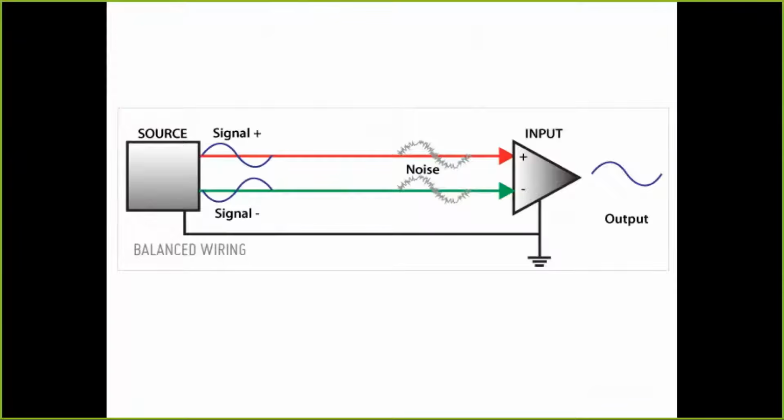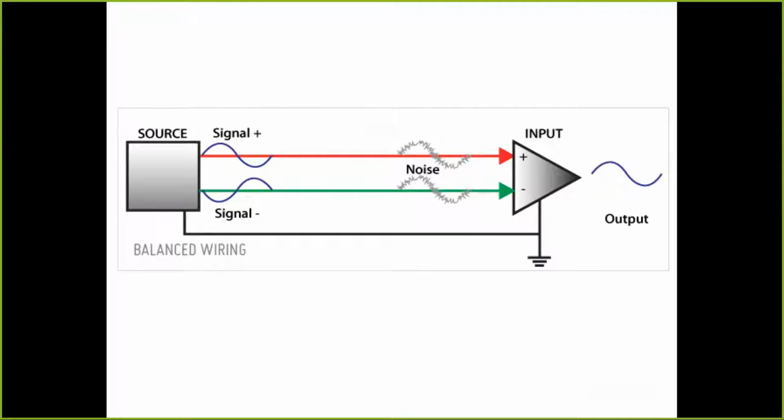A balanced line is a rather novel way of being able to cancel out that kind of noise that's introduced into the wire, because you have a twisted pair of wires plus the shield that surrounds them. The idea is that the two wires are opposite in polarity, so the signal on one wire is opposite in polarity from the other.